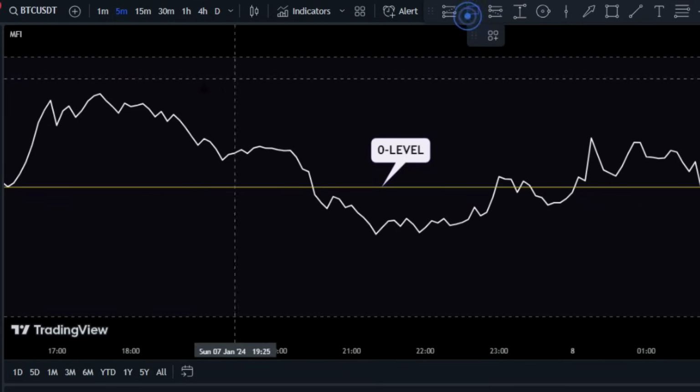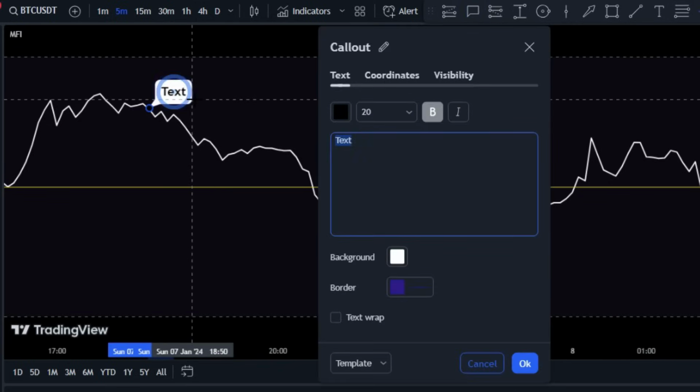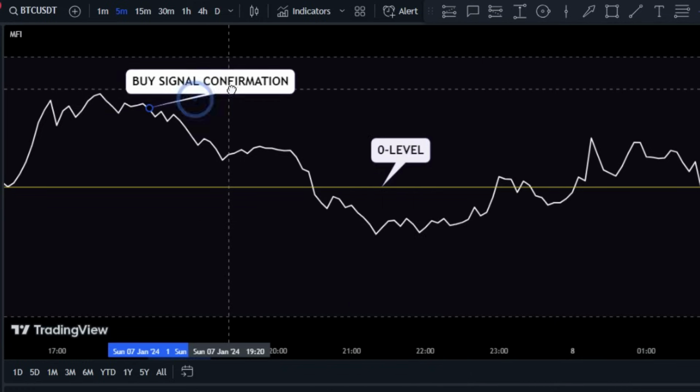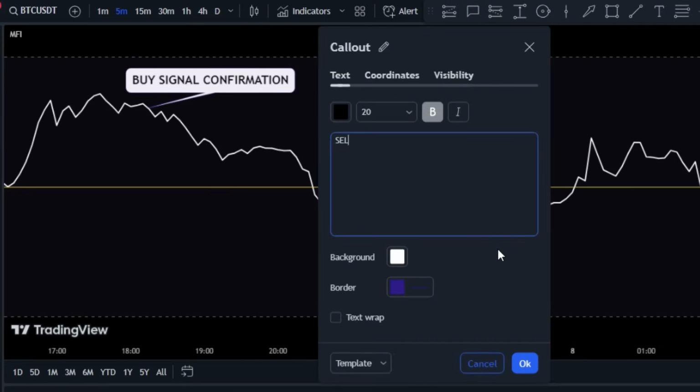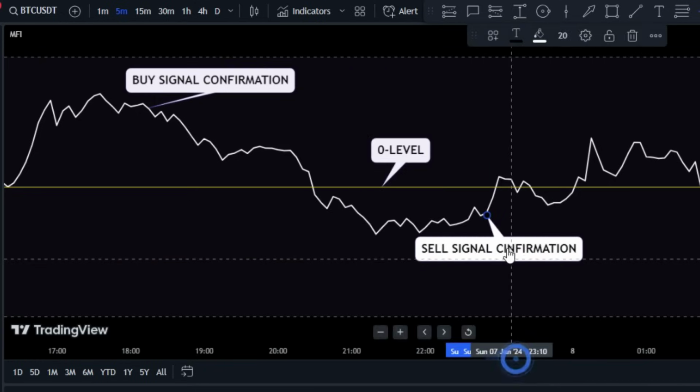If the MFI line is above zero level, it suggests that buy signals have high potential. While if the MFI is below the zero level, sell signals are more likely to yield profits. Therefore, incorporating this indicator into your strategy can help you make more informed trading decisions and potentially boost your earnings.